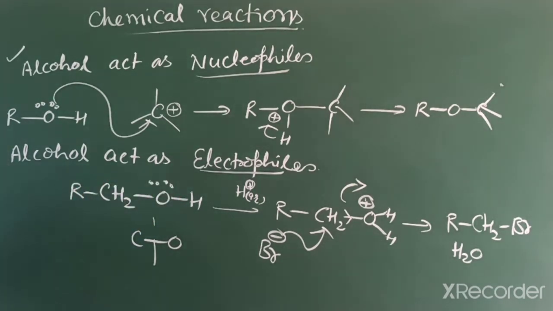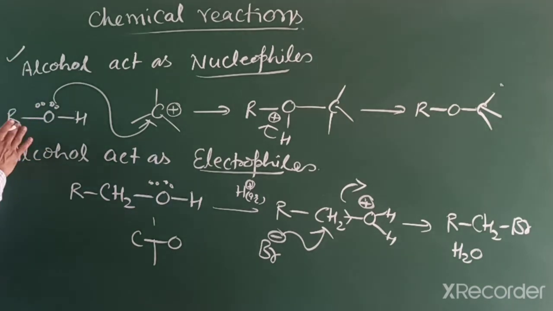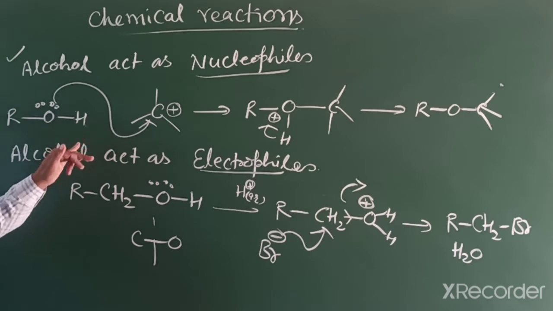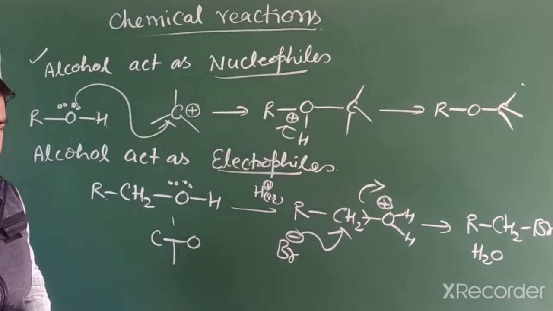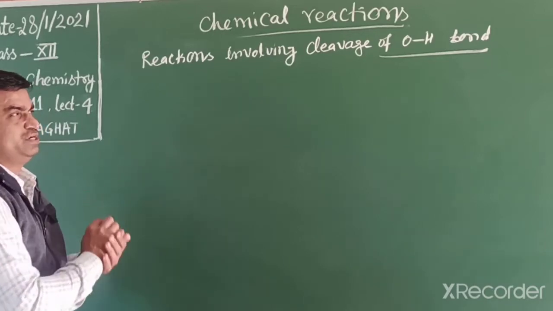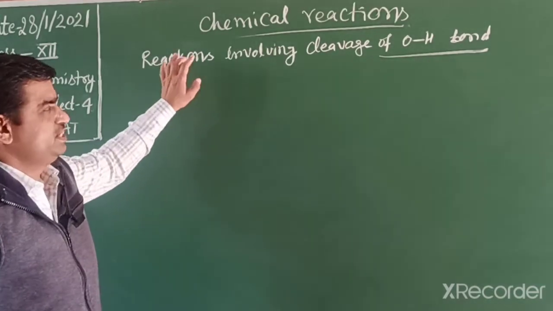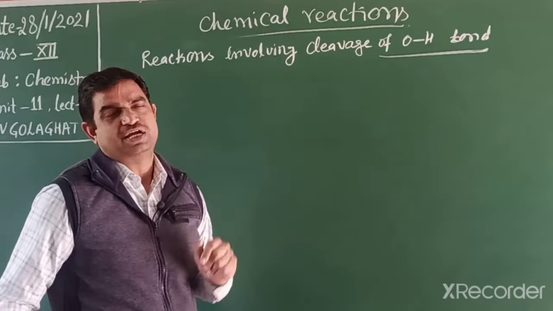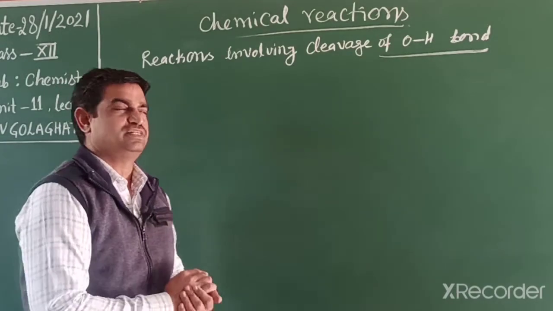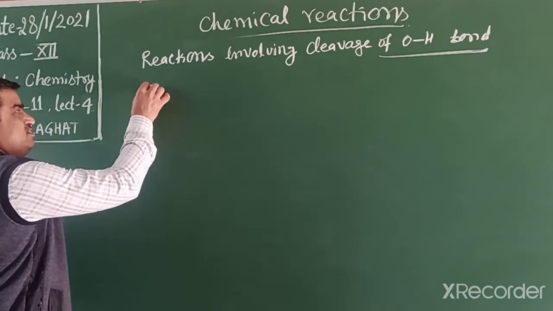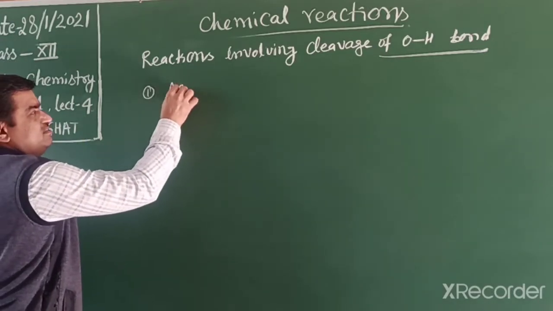Now we explain in detail the reactions where the oxygen-hydrogen bond dissociates and where the carbon-oxygen bond dissociates. Now students, we will explain reactions involving cleavage of the oxygen-hydrogen bond. The first reaction explains acidity.